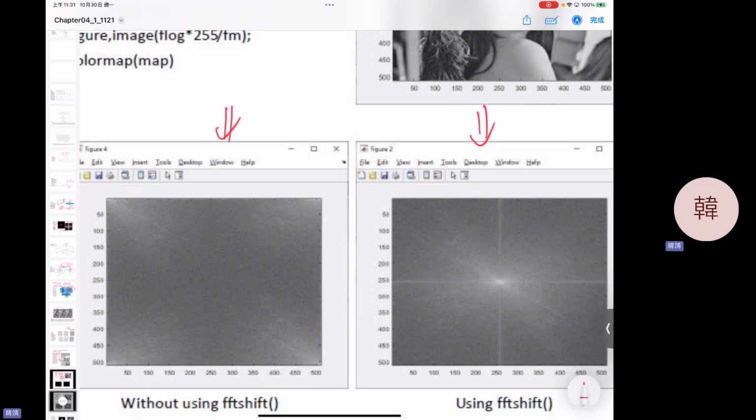So it's original. If you apply FFT shift, the low frequency here and high frequency here, another part of low frequency, if you shift to the center, they combine here, and the high frequency is at the corner. It becomes more clear about your image.